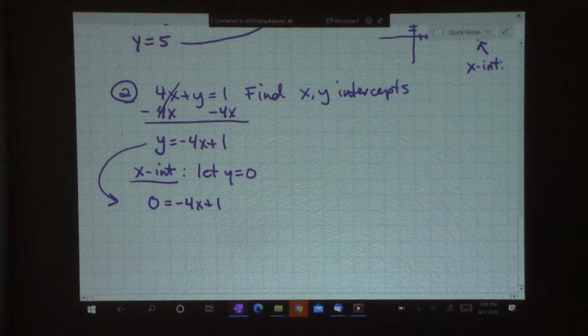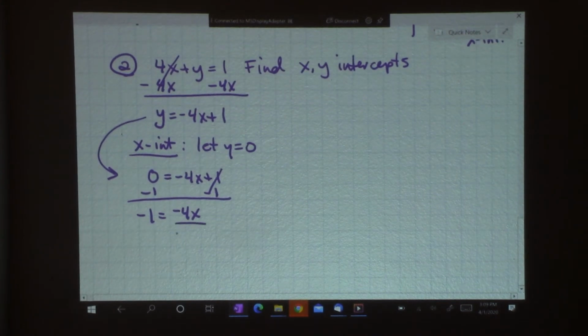And now I'm going to solve. So the first thing I'm going to do is subtract 1. And I get negative 1 equals negative 4x. And I'm going to divide by negative 4 on both sides. X equals 1/4.